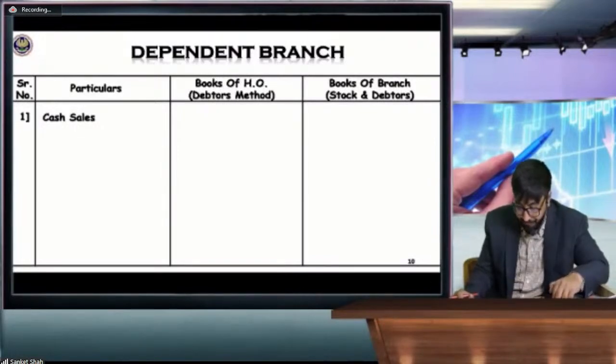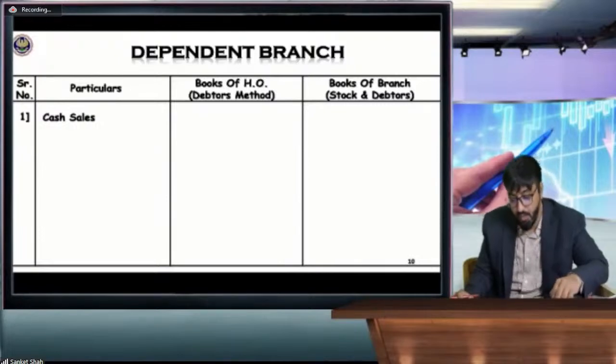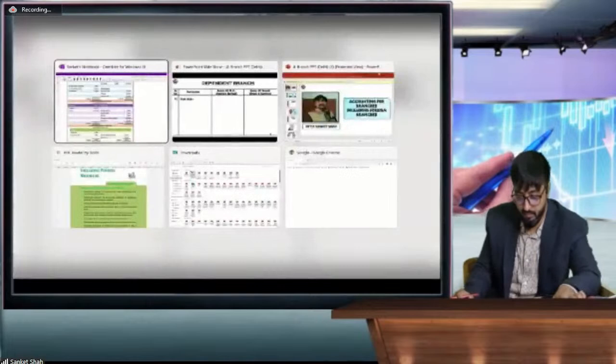Entries. Make 4 columns. Serial number, particulars, serial number, small column, particulars, books of HO and books of branch. Write down, beta. How many columns? Yes.